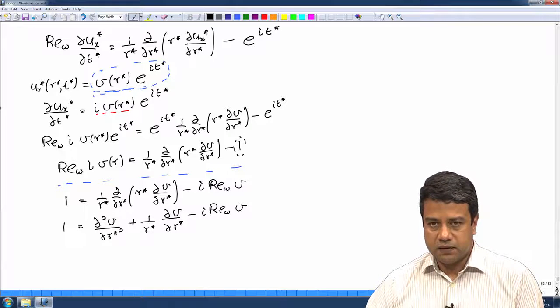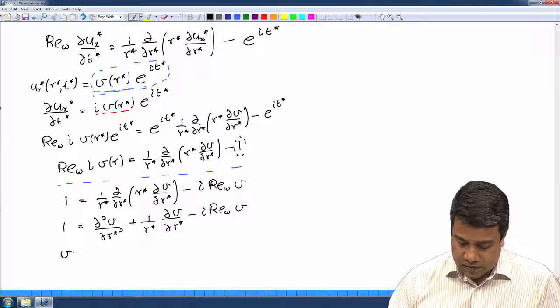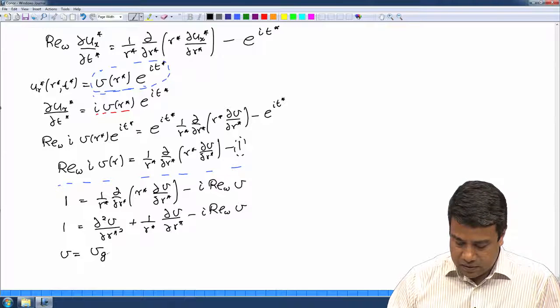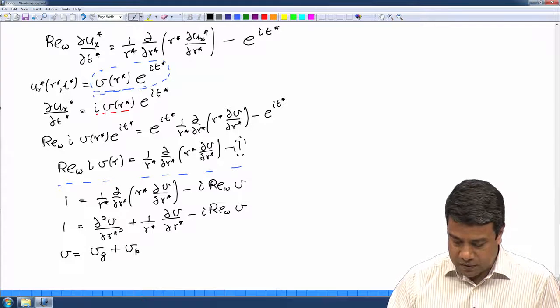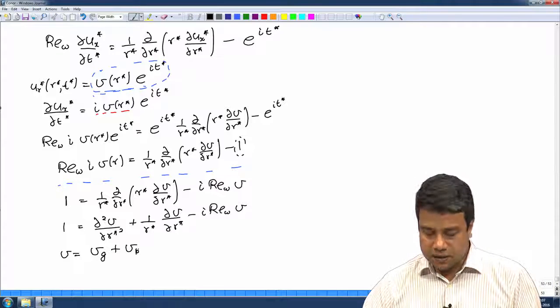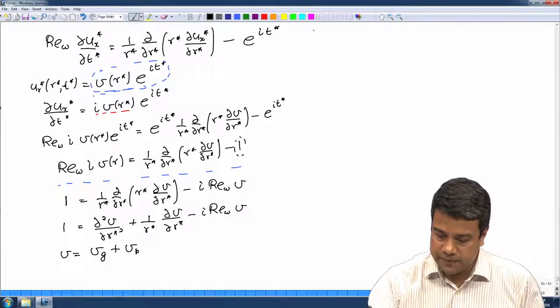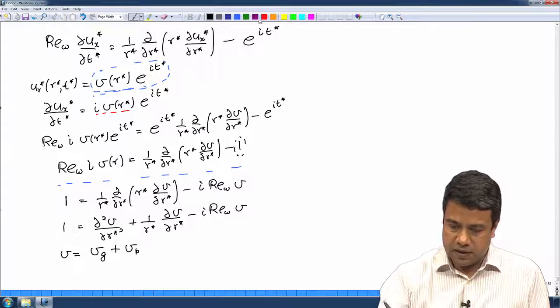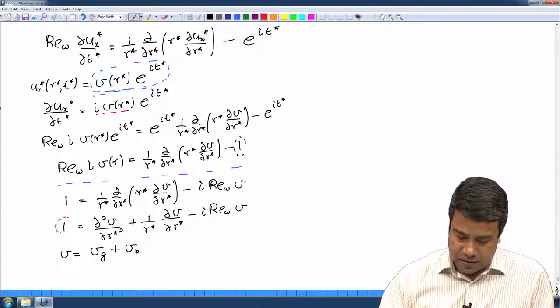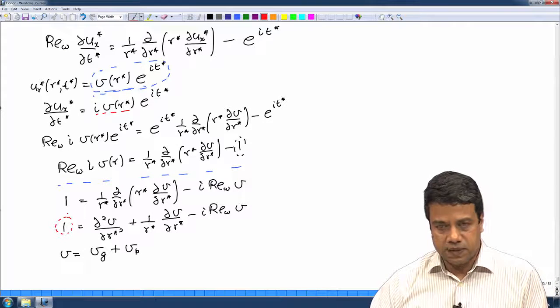Therefore, I can write the solution V as the sum of two parts, the general solution plus the particular solution. The general solution is the solution of the homogeneous equation. The homogeneous equation in this case is the equation with the inhomogeneous term set equal to 0.